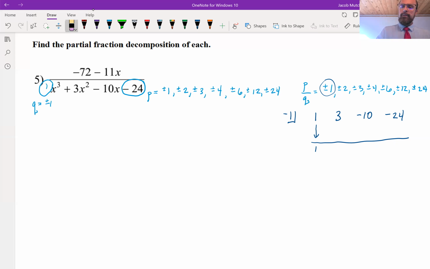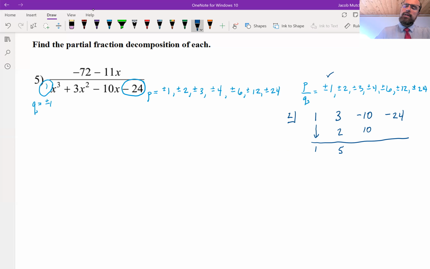Let's try with 2. So we exhausted the ones, and this highlights that this is really a possible list of rational zeros. There is guesswork involved. So let's see if we can find one. 2 times 1 is 2. 3 plus 2 is 5. 2 times 5 is 10.